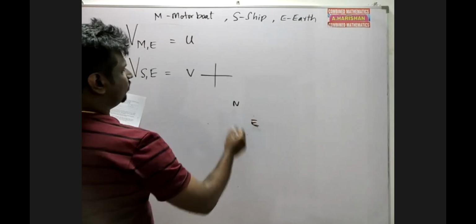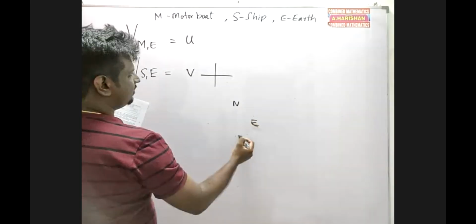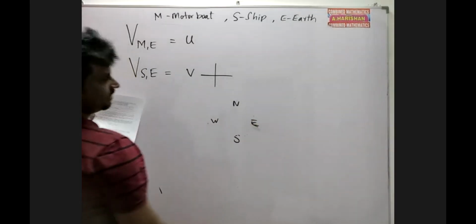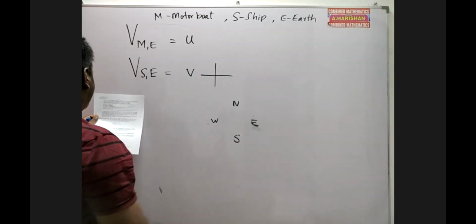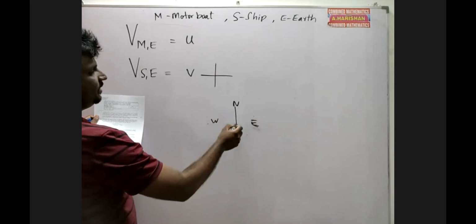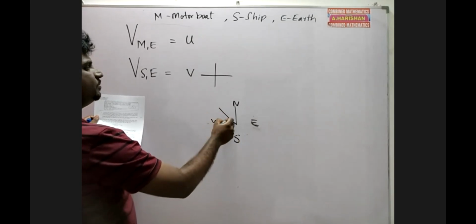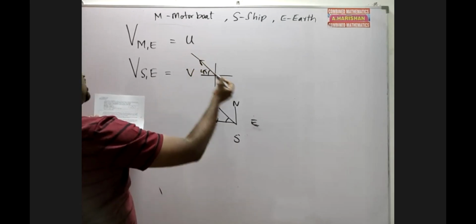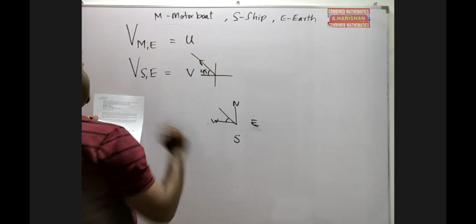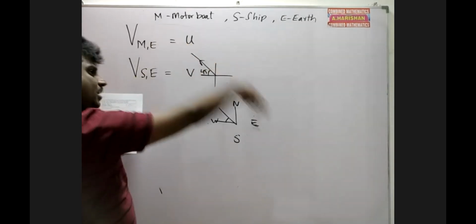Northeast. You know, normally north, east, south, west. So what they say is northwest. Northwest means this is north, this is west, and northwest means 45 degrees with this. 'Due' means we have to mark the arrow in this direction. 'From' means we have to mark in this direction.